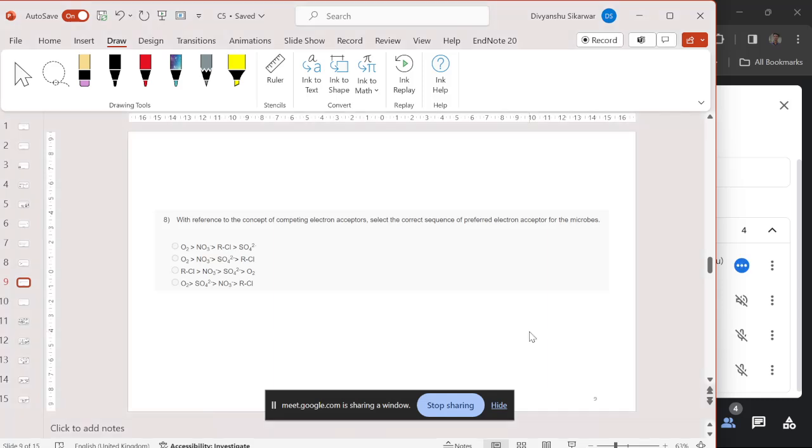This is the next problem. With reference to the concept of competing electron acceptors, select the correct sequence of preferred electron acceptors for the microbes.